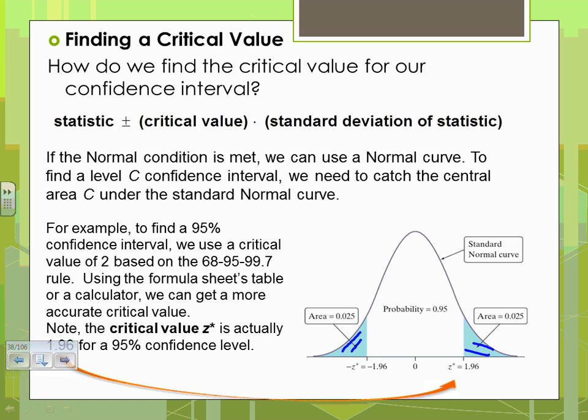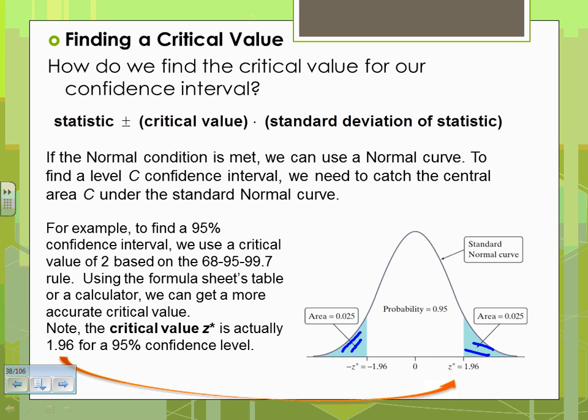So we're going to actually do a critical value. It's called z star, and you need to get your formula sheets out. If you don't have them, go ahead and go find them right now. I'm getting mine out too. You'll want to go to the table at the back, and look at table A. There are actually 2 tables for table A, one for z's below the mean and one for z's above the mean.